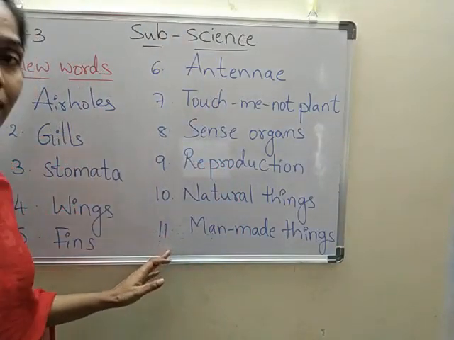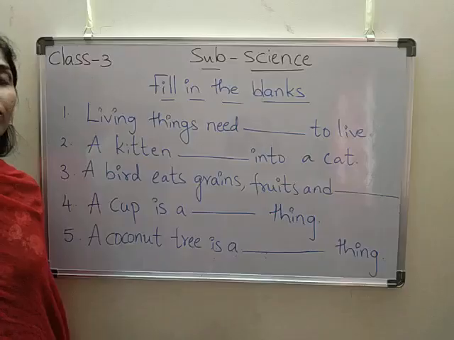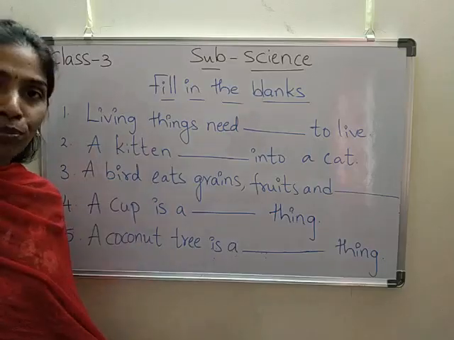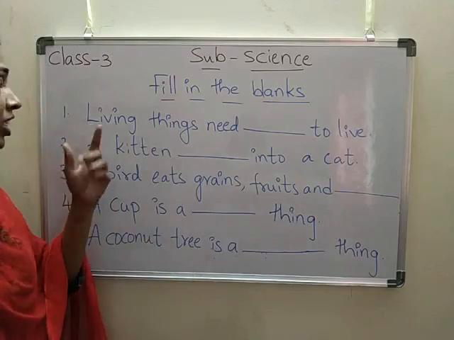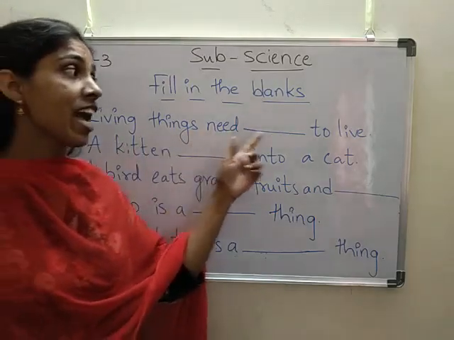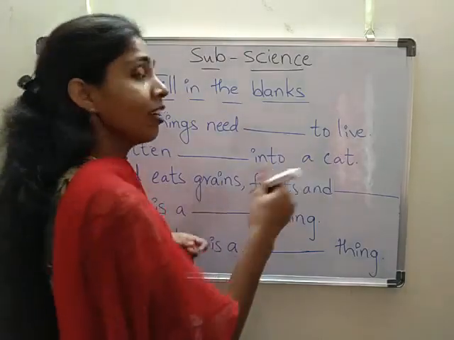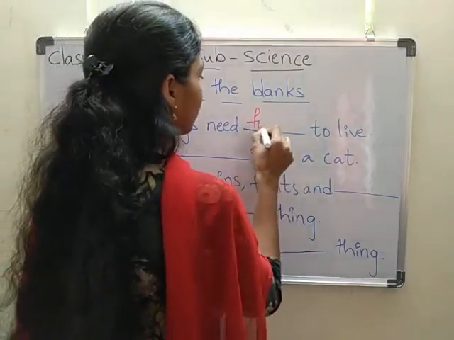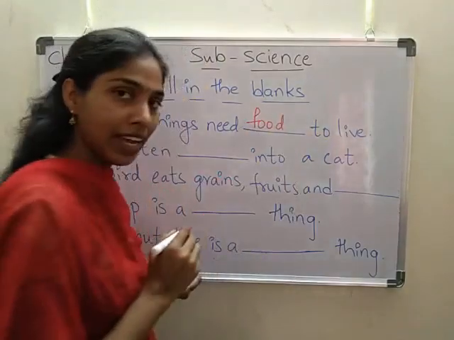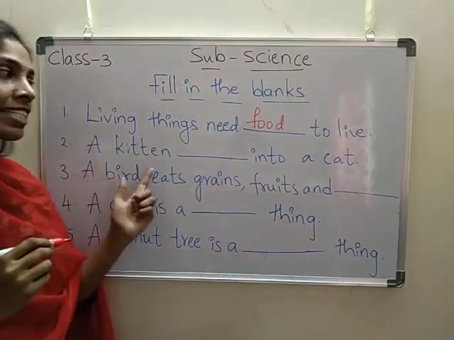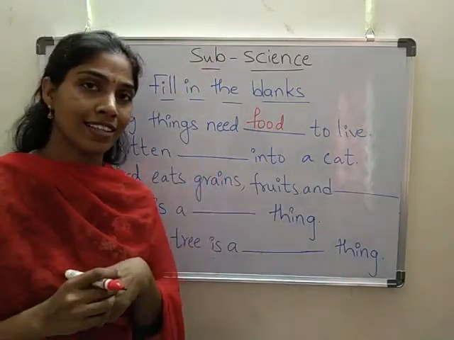Okay, learn the spellings. Okay, children, now we learn few bits. Okay, now tell me children, living things need dash to live. What we need children? Very good. We need food to live, right? Next, a kitten dash into a cat.